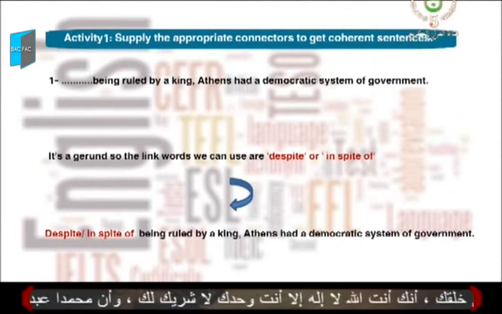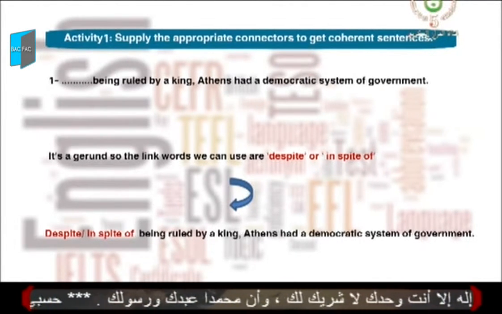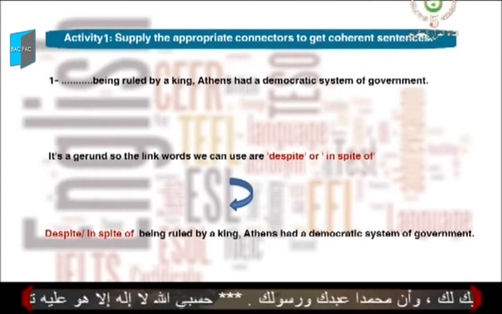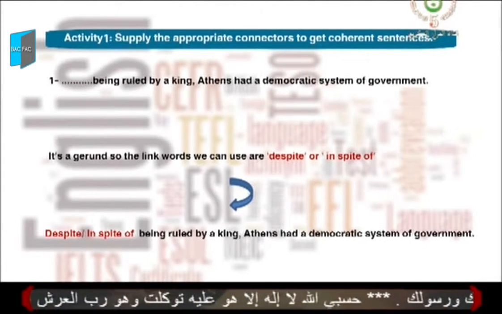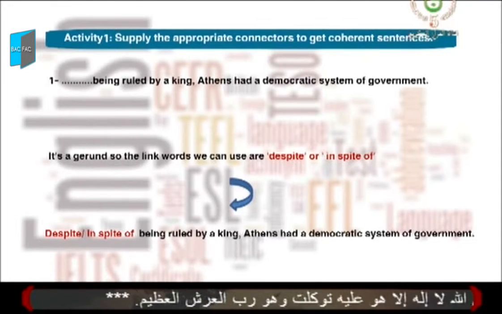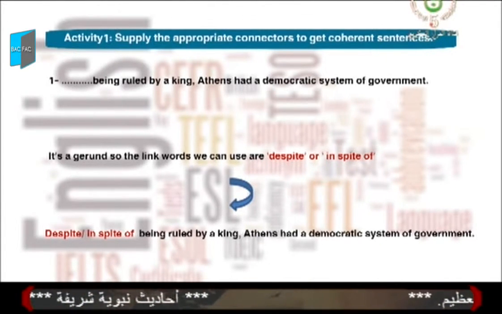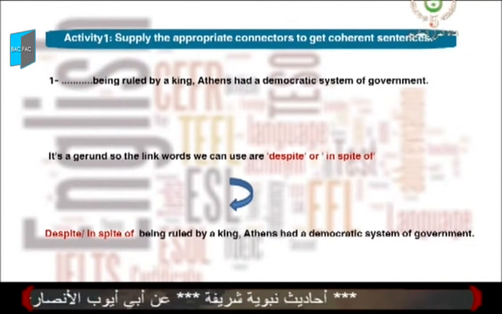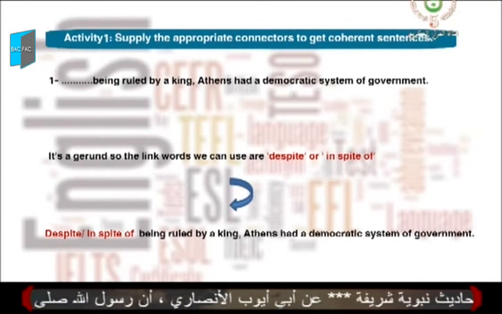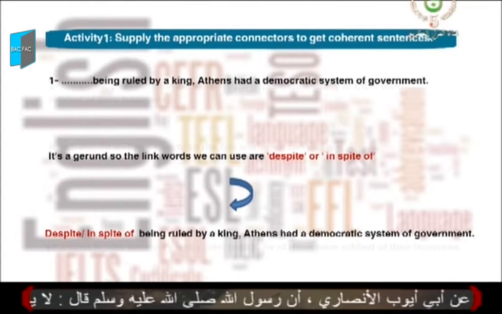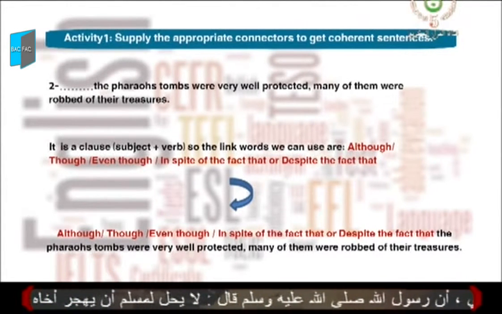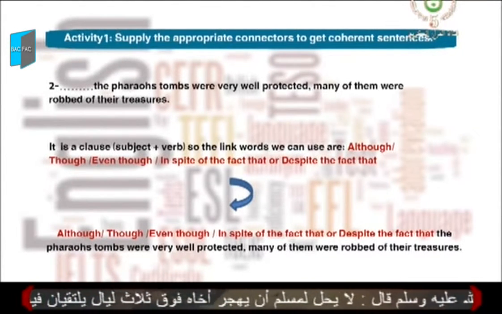Yes, it is followed by a gerund. So which link word can we use? Good. We use in spite of or despite. So our sentence is, in spite of or despite being ruled by a king, Athens had a democratic system of government.